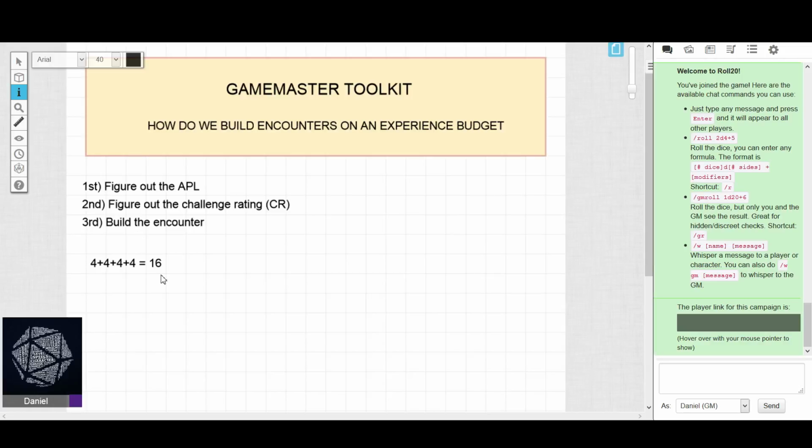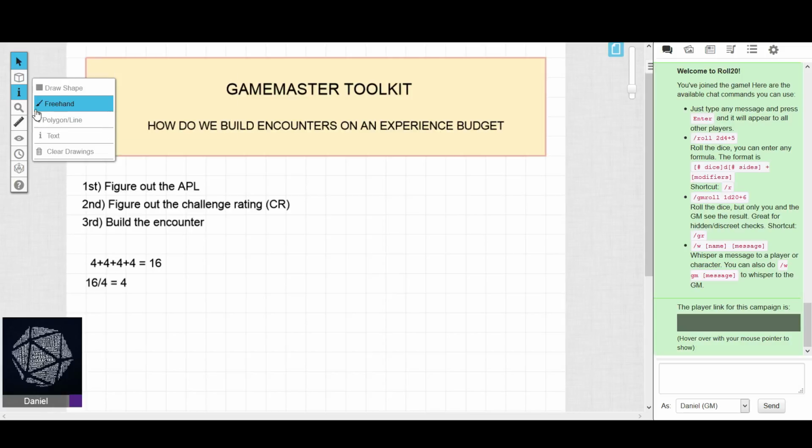So it's 16 divided by 4. That's 4. So 4, now we have the mean of it. That means 4 is our APL for a party of 4 level 4 characters.